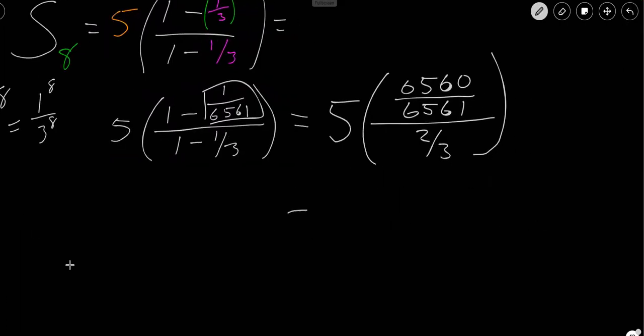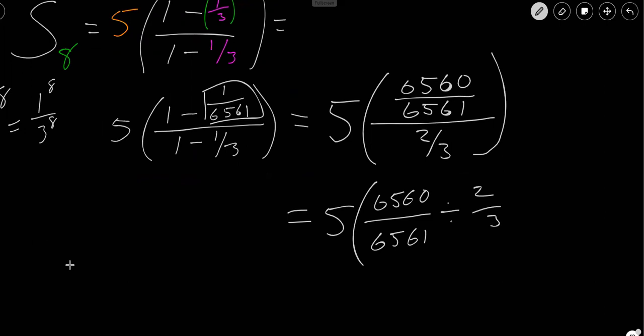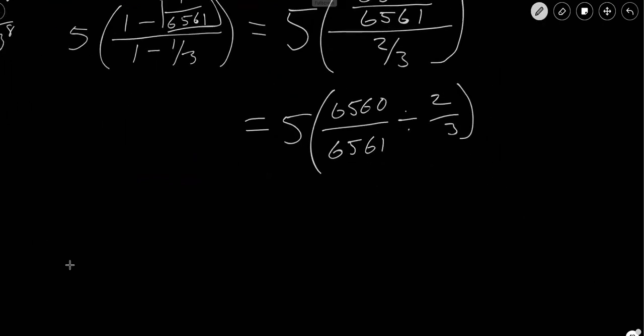Okay, this is kind of messy, but let's continue it. 5 times, I'm going to change this fraction with 2 fractions in the numerator and denominator into a division problem. And then division problems are just multiplying by the reciprocal.